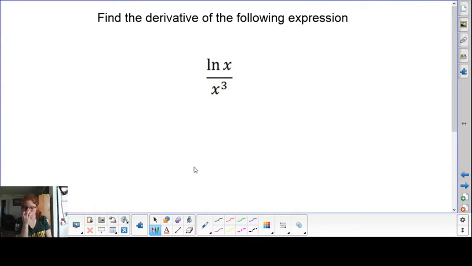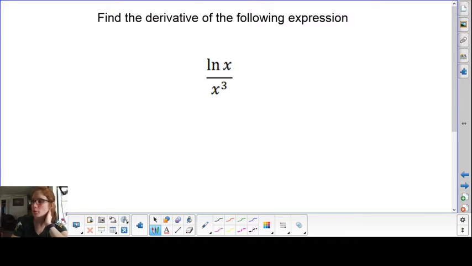Okay, this one, you can use quotient rule, essentially, because it's a fraction. You're going to want to do it because there's one like this on your homework.